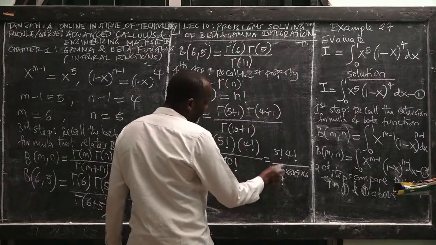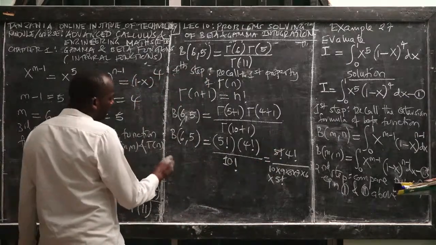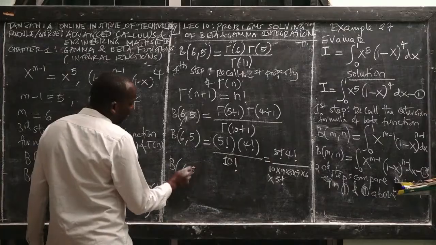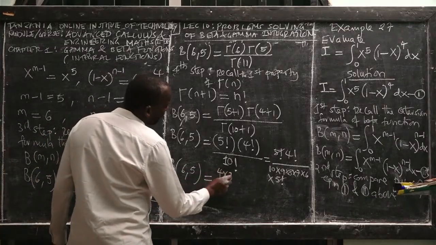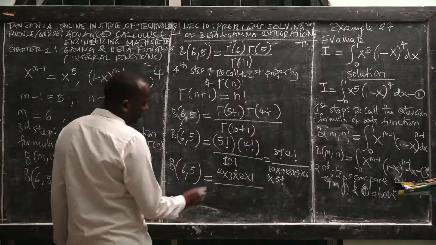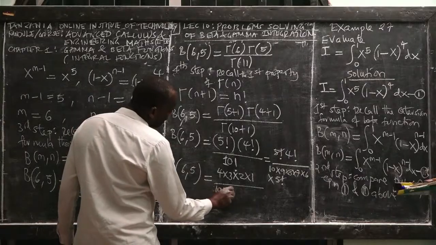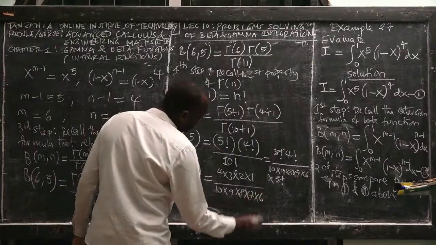So this 5 factorial and this 5 factorial cancel. Then beta of 6 comma 5 is equal to 4 factorial, which is 4 times 3 times 2 times 1, over 10 times 9 times 8 times 7 times 6.